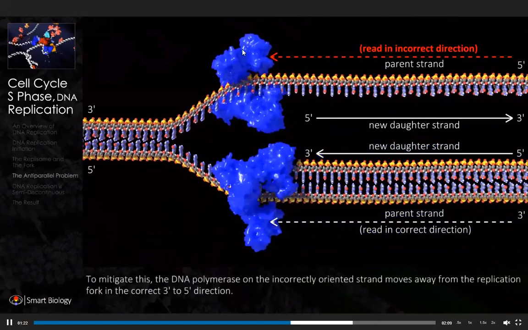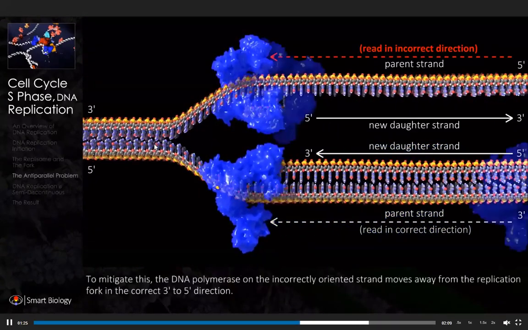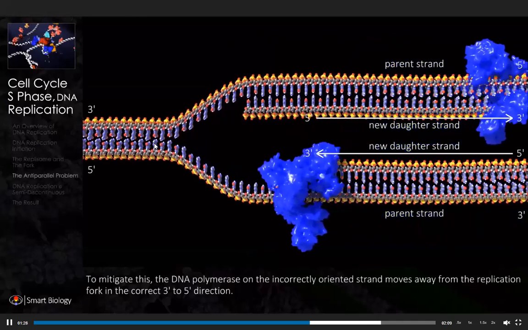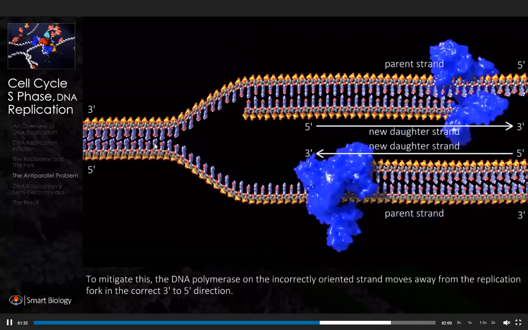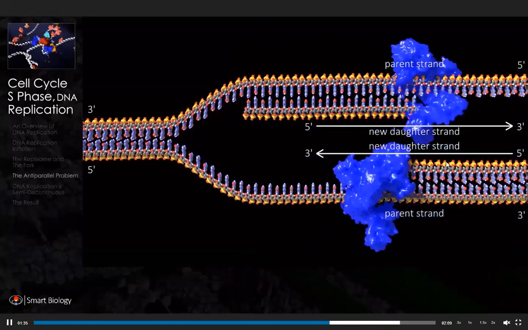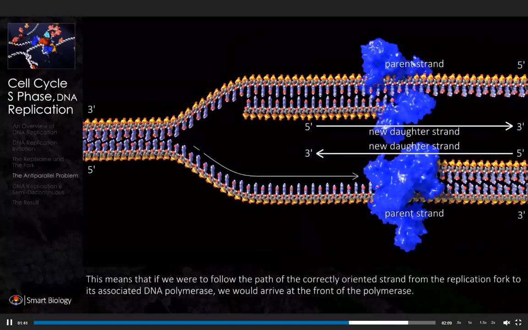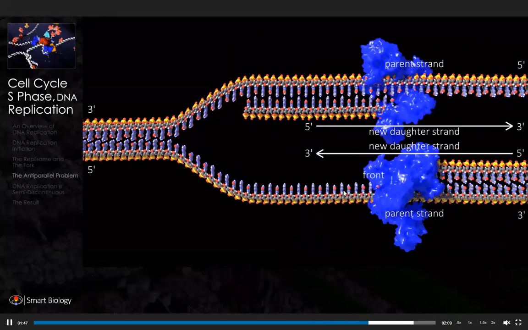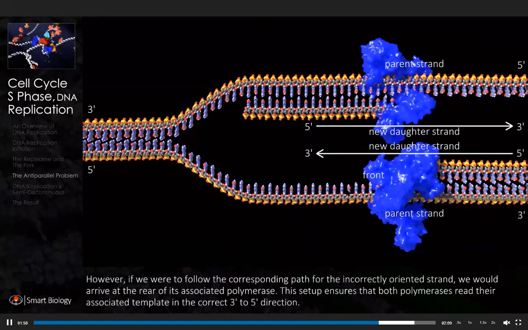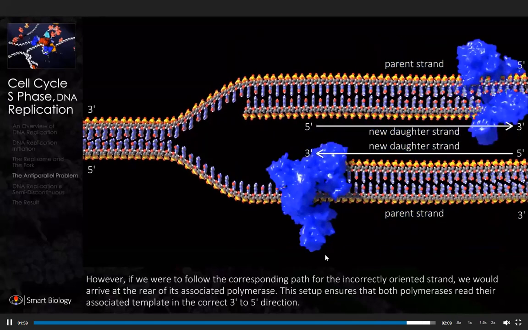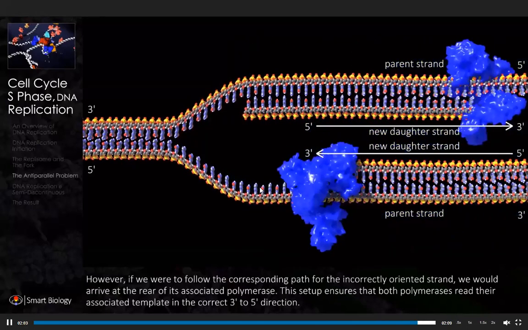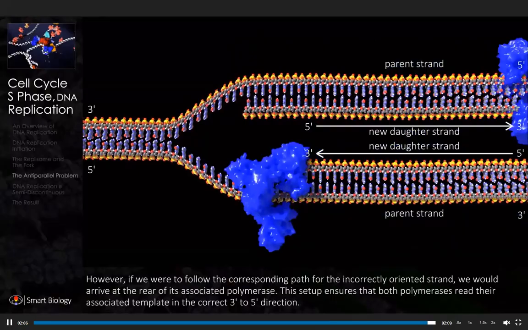But then how about this polymerase? How can we make sure that these two polymerases, even though they are stuck with the same replisome, can carry out this function at the same time? They are incapable of moving away from each other. So this means that there has to be something else going on that will enable them to replicate at the same time.